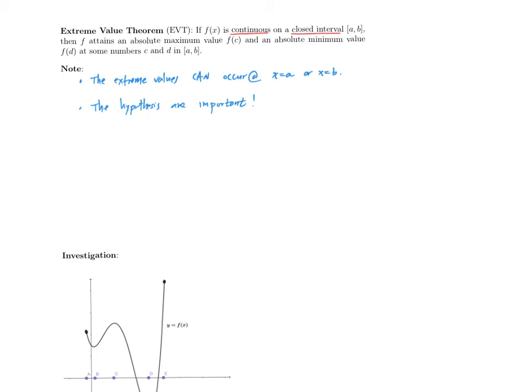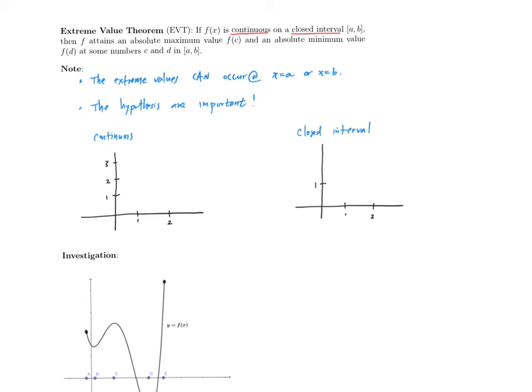And what I want to do, just to really emphasize this point, is simply by sketching two graphs, show you that if the function is not continuous, then there is no guarantee of having the absolute maximum and minimum values. And similarly, if the interval is not closed, there's also no guarantee. So just really trying to illustrate and emphasize to you that these hypotheses are important.